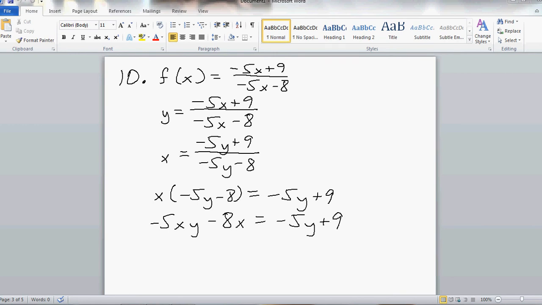We need to get all the y's to one side and most of the x's. We're going to have to keep the first x over here temporarily, but I can add 5y to both sides. And then I can add 8x to both sides.